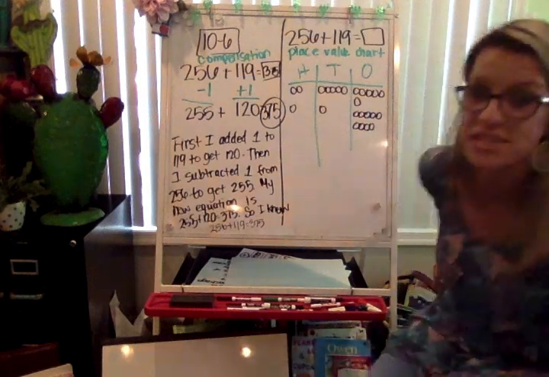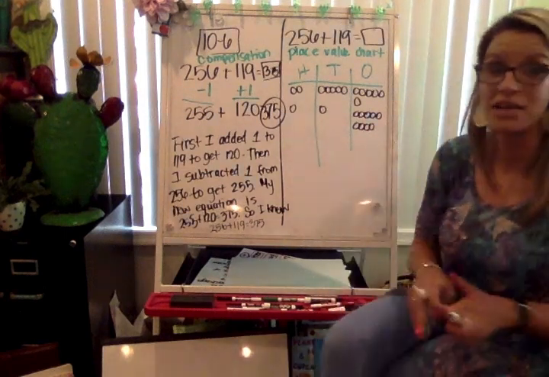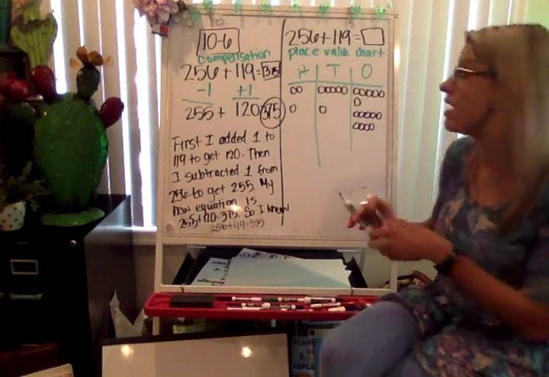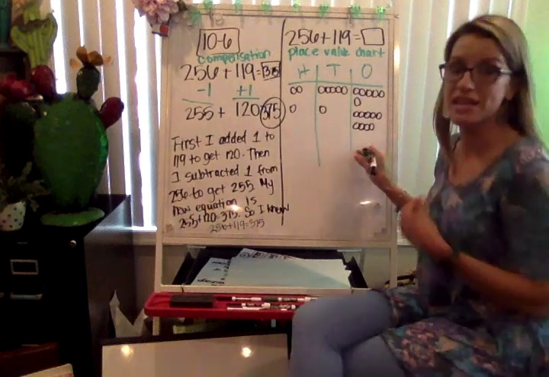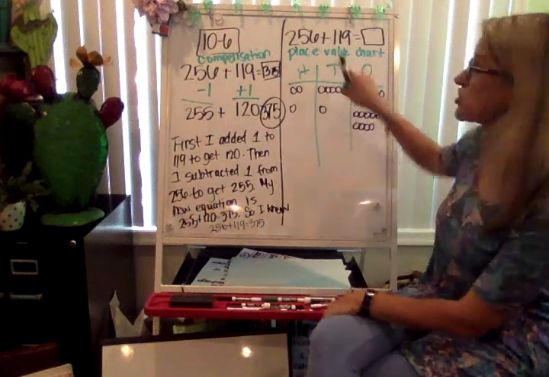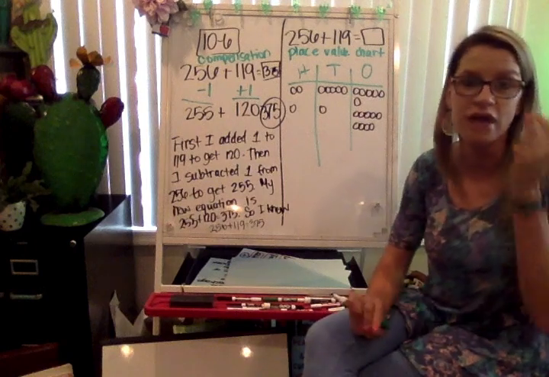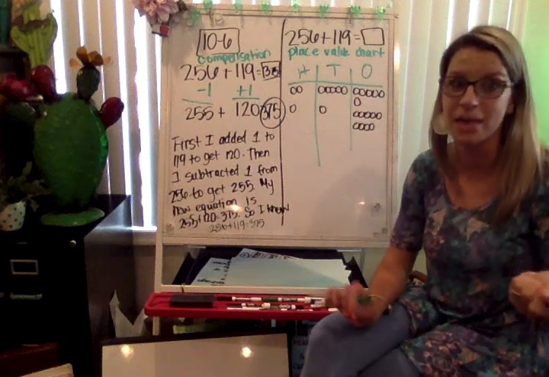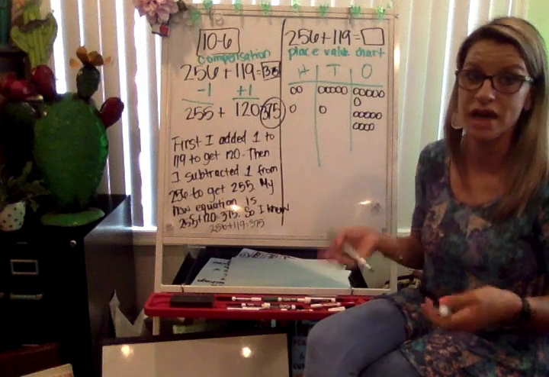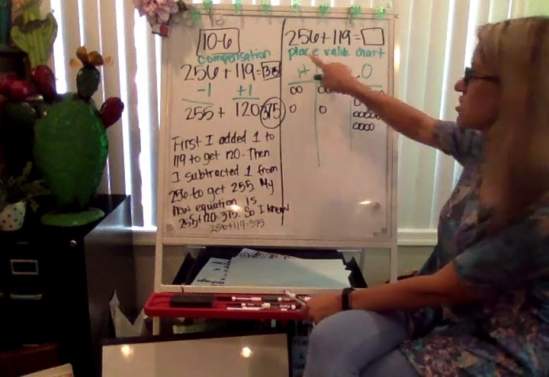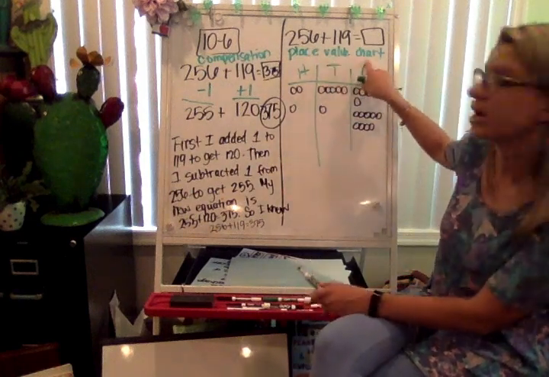Because I've added them together, I'm going to look and see if there's any ability for bundling. I'm going to see if I can bundle up some of these. I'm not using the place value chart to show partial sums at this time. There is a way that you could do that, but that's not the choice that I made. I just only wanted to use the place value chart.